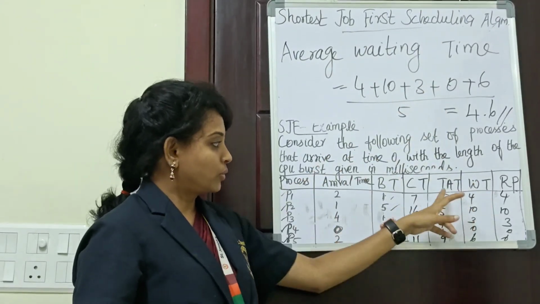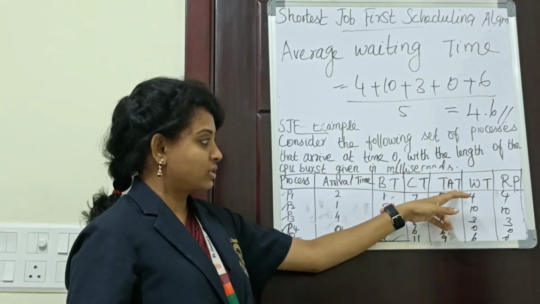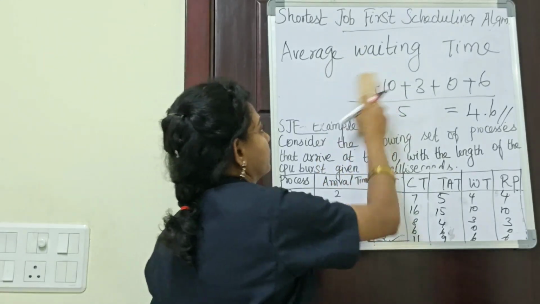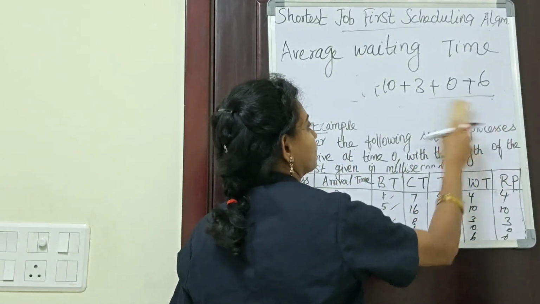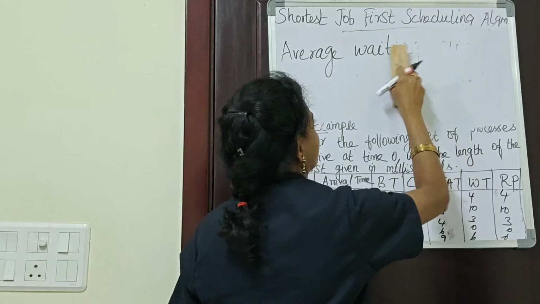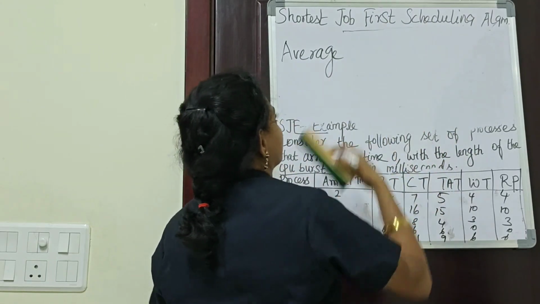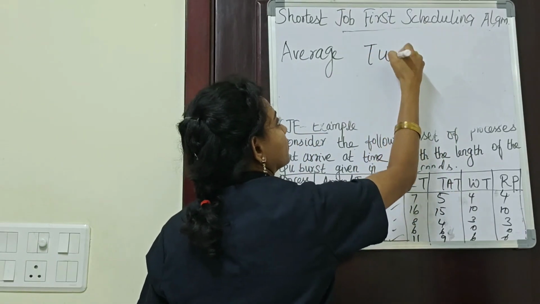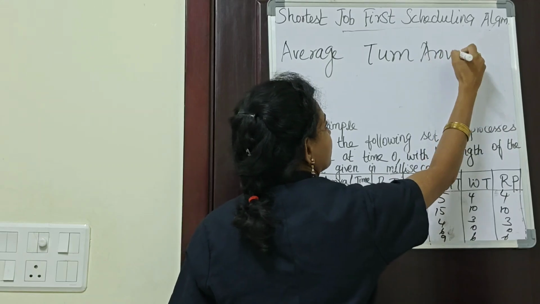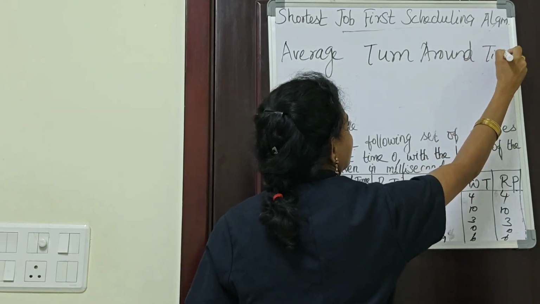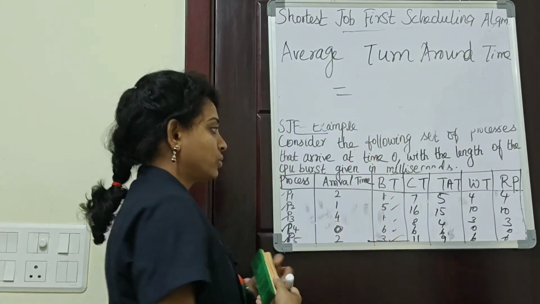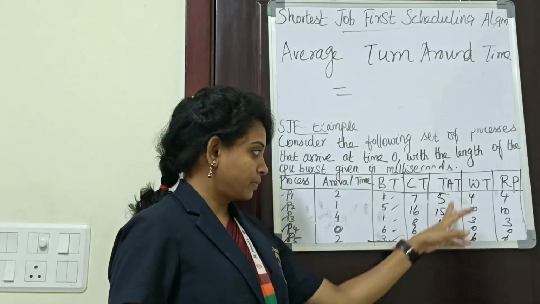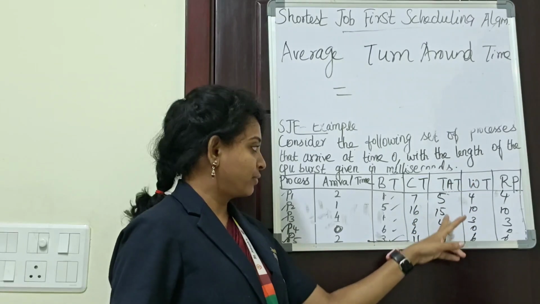Now we have to calculate the average turnaround time. Add all the turnaround times and divide by 5.